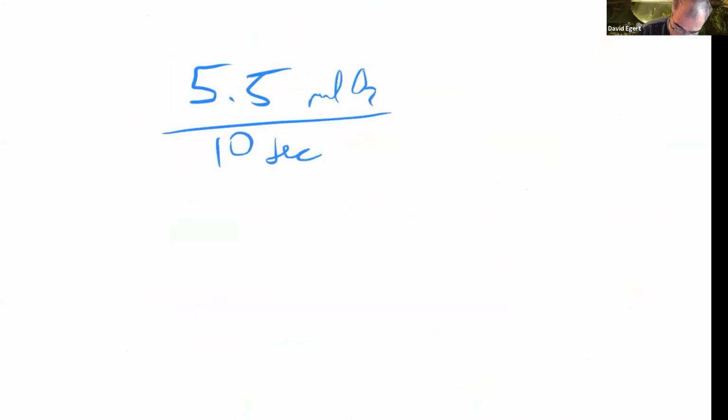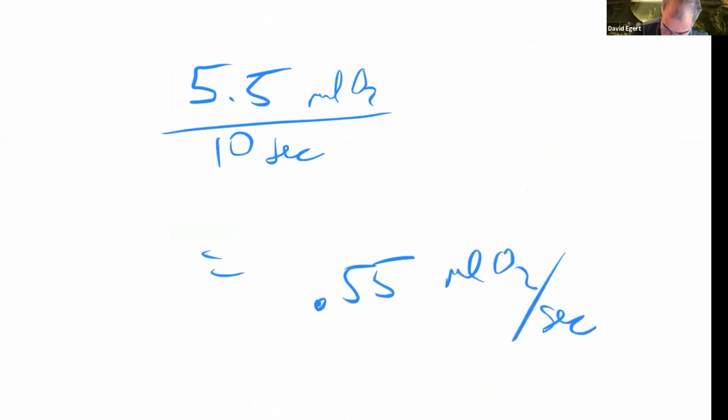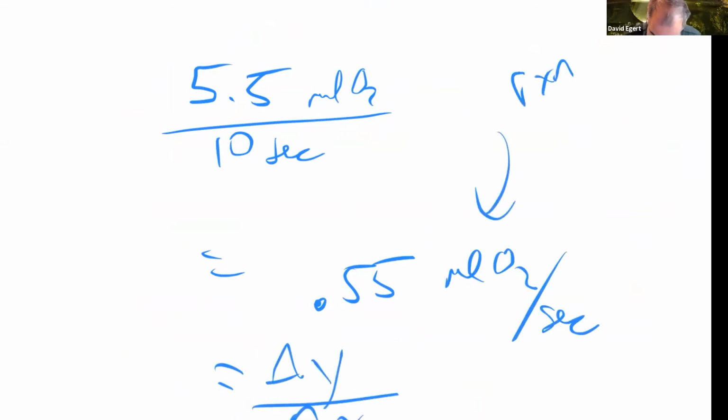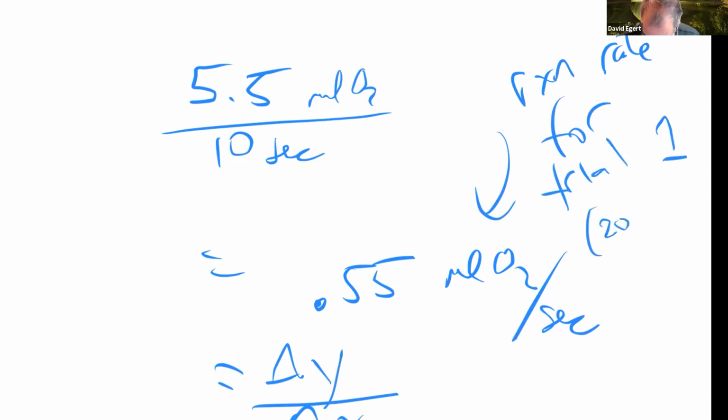And that's going to be 0.55 mils of O2 per second. That's my delta Y over delta X. This is going to be my reaction rate for trial 1, 20%.